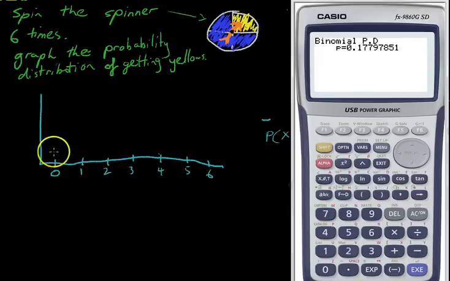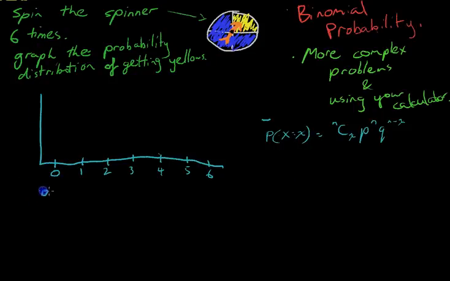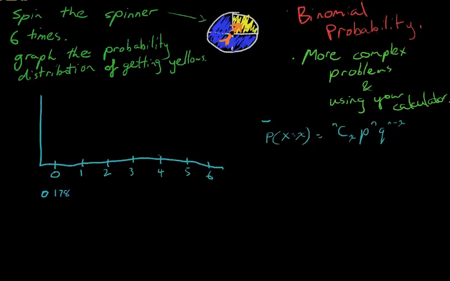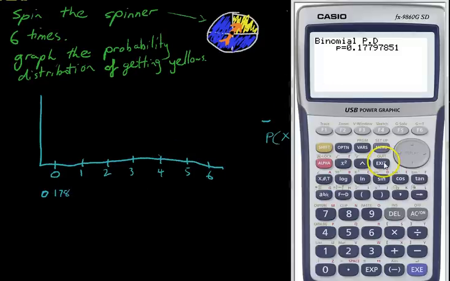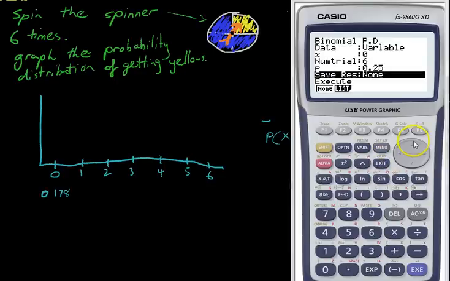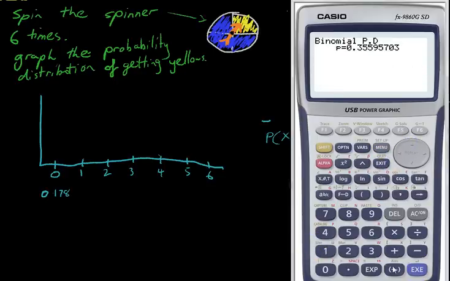Alright, so really simple. It says that the probability of getting 0 successes from 6 spins is 0.178 when I round it. Okay. I'm just going to go back a bit. Now this time I'm going to check out 1 success. Execute that.